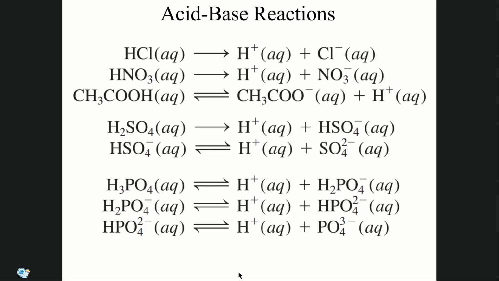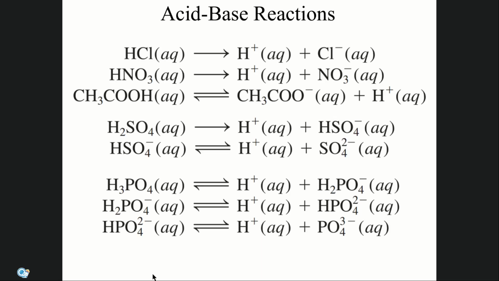Triprotic acids, which yield 3 H+ ions, are relatively few in number. The best known triprotic acid is phosphoric acid. You can see these ionizations, all 3 steps. All 3 species in this case are weak acids, and we use the double arrows to represent each ionization step.